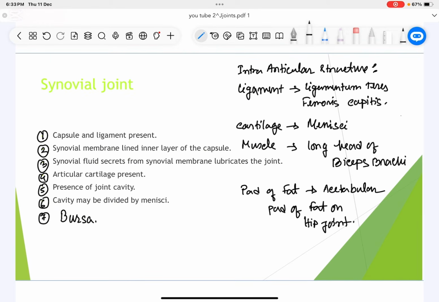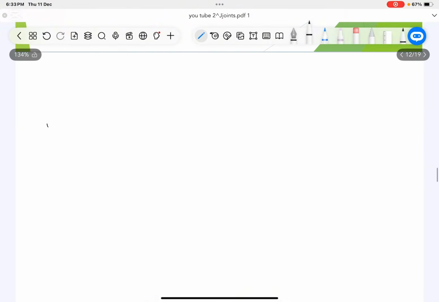Now properties related one by one we can discuss a little bit. So the first property is capsule and ligaments. Let's start a little discussion related with that. So we know joints have a fibrous capsule. So the fibrous capsule is made up of nothing but collagen fiber.